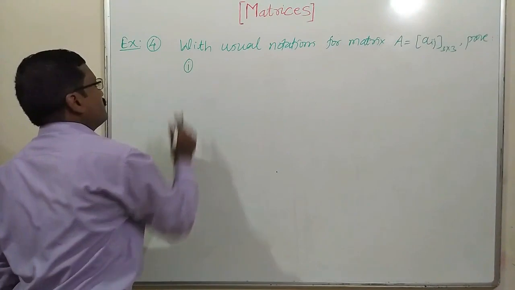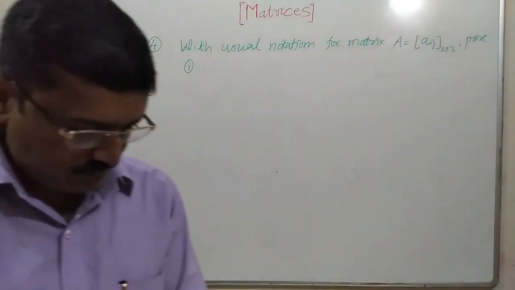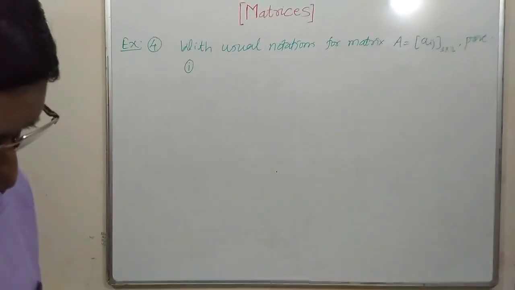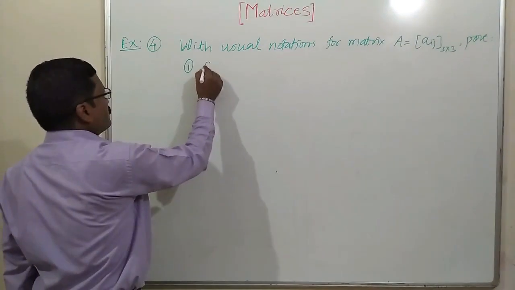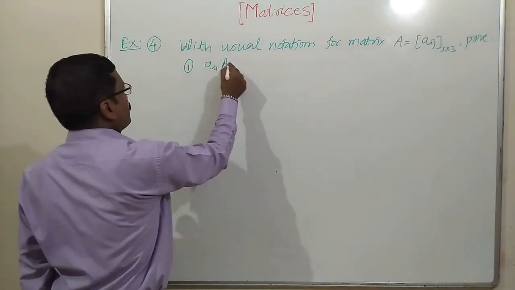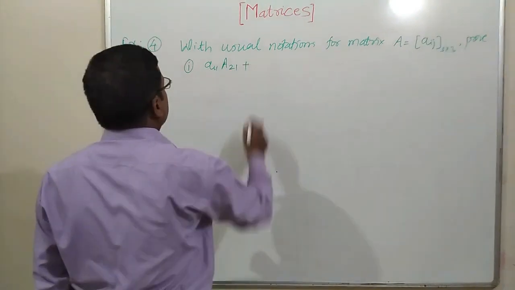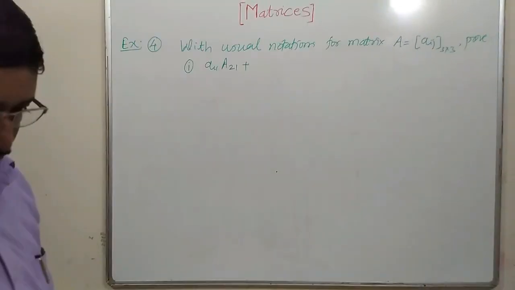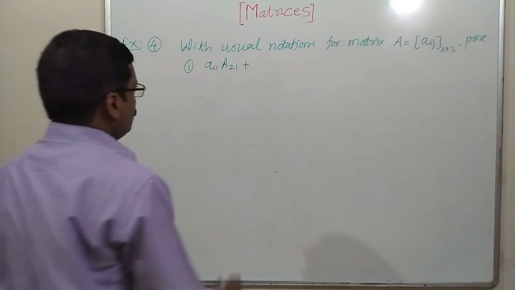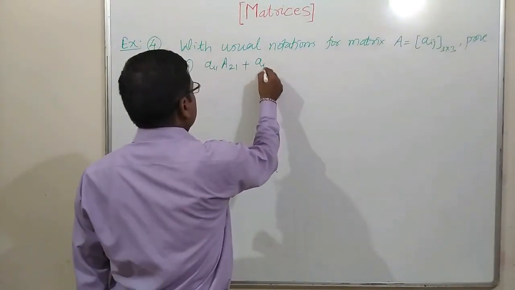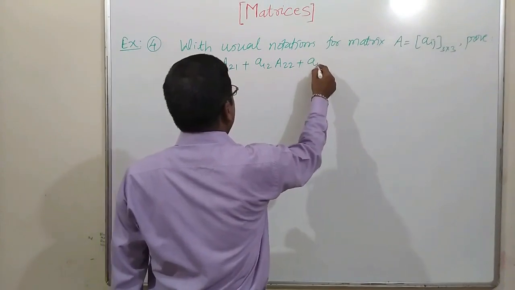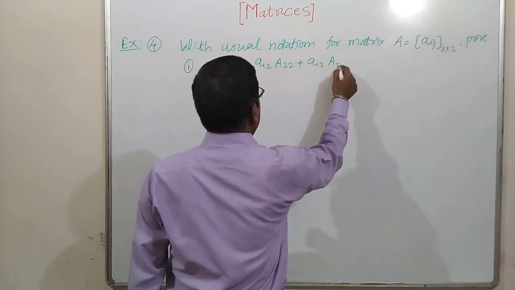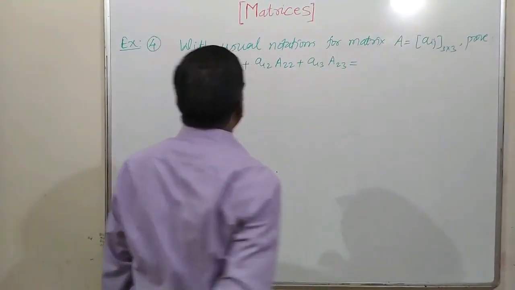Prove that the first result is A11 A21 plus A12 A22 plus A13 A23.